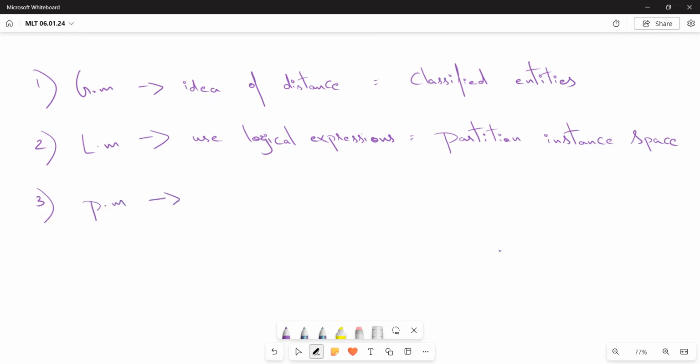What did we do here? We used the idea of probability to classify, where again we are classifying, but here we classify new entities. There is a difference here. So these are the three models that you've gone through, and I hope you're clear about it.